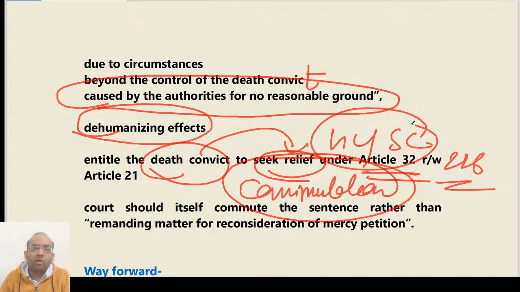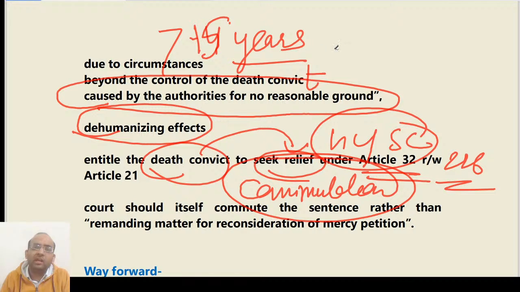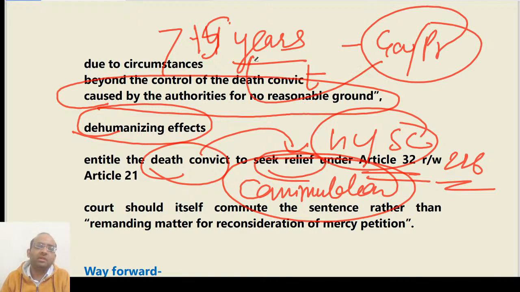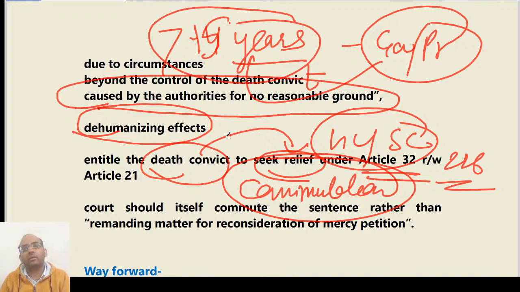Suppose a death punishment has been given and he has filed a mercy petition, and more than 15 years have lapsed, and still the governor or president, as the case may be, is deciding on the petition. He has not yet decided whether to execute that person or not.